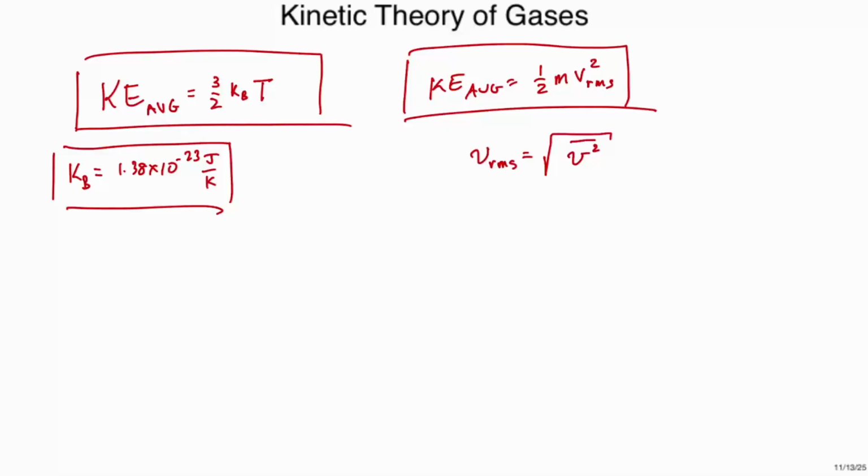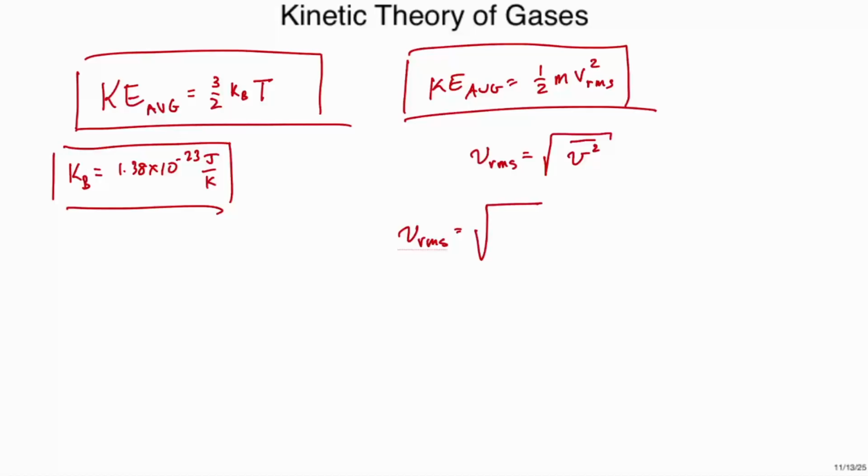Okay? So the neat thing that you can do with this is if you know the temperature, you know the average kinetic energy, don't you? So if you know the temperature, you can find the velocity. Hydrogen, I calculated this out. V_RMS comes in different versions, okay?